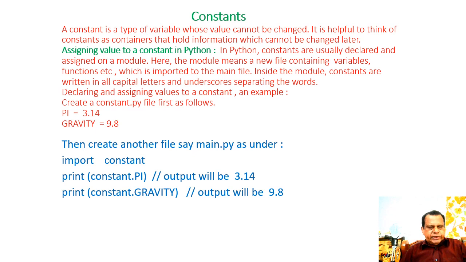Next, GRAVITY is equal to 9.8. Then create another file, say main.py as under. Then you do import constant, print constant.PI, output will be 3.14. Again print constant.GRAVITY, output will be 9.8. Yeah, we will do these programs later.